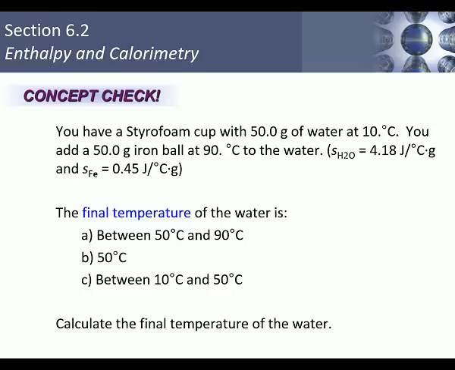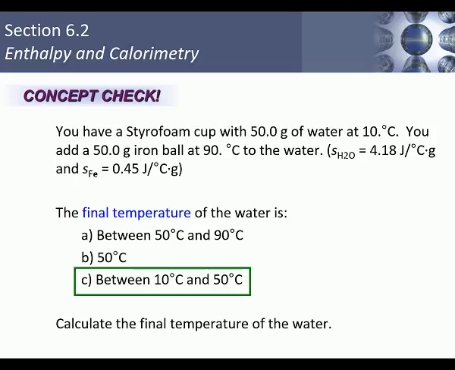The specific heat capacity for water is 4.18 joules per Celsius gram, and the specific heat for iron is 0.45 joules per Celsius gram. So the final temperature of the water is, go ahead and pause the video. It's going to be between 10 degrees Celsius and 50 degrees Celsius.